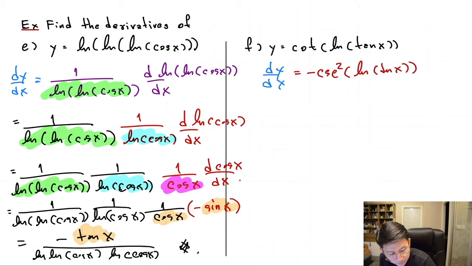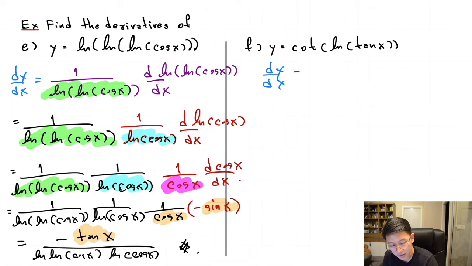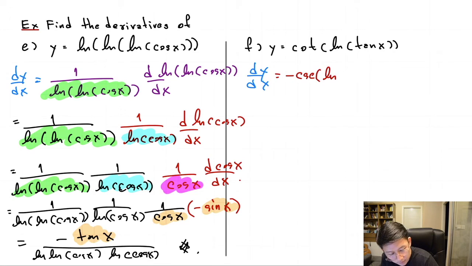And we take the derivative of the big X, which is this guy. I think it's quite hard to read. Let me make it a little easier to read. So it's minus cosec squared of log of tan x, and then d by dx of log of tan x.